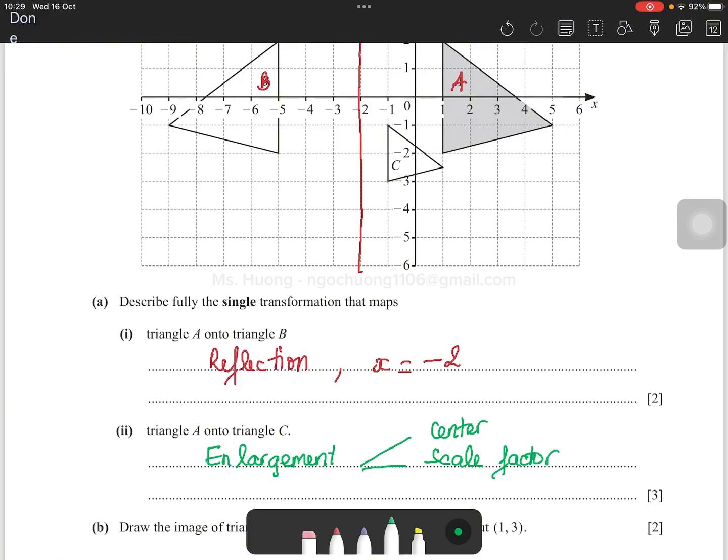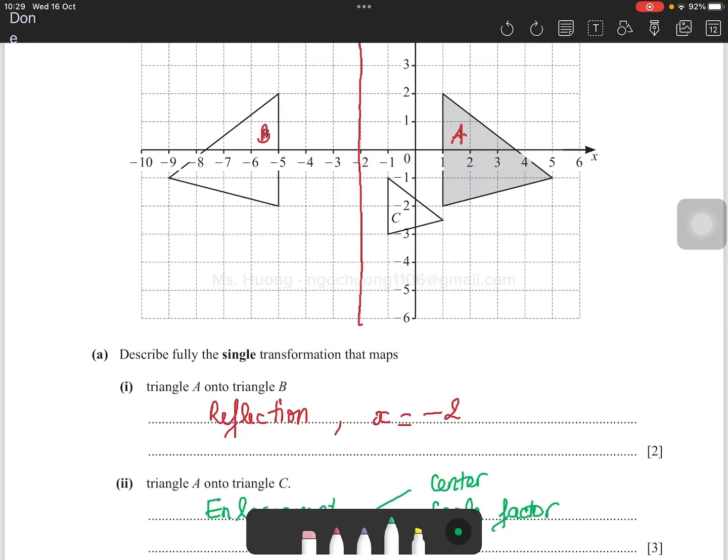And so let's find the center first. To find the center, we join the corresponding points together. For example, these 2 points, and we also join these 2 points. They are the corresponding points. So I'll join them together.